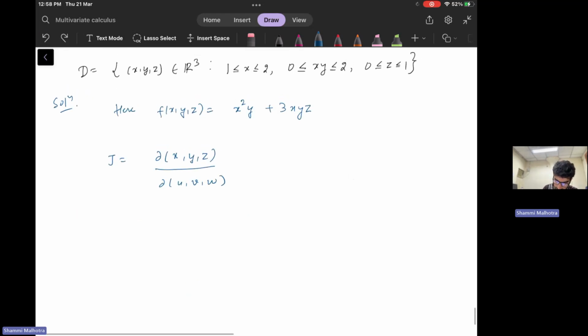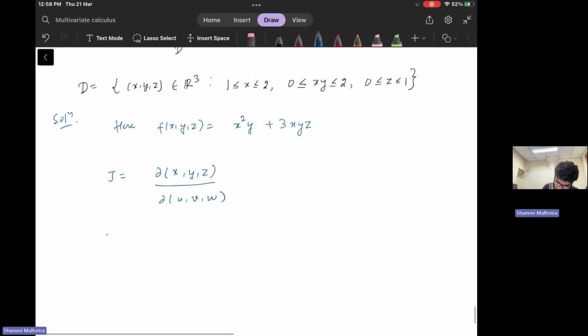I know that 1 by Jacobian is del (u, v, w) divided by del (x, y, z). And I mentioned the technique to write this Jacobian.